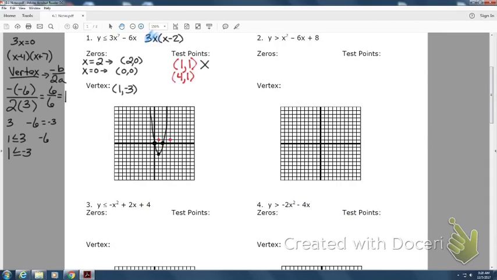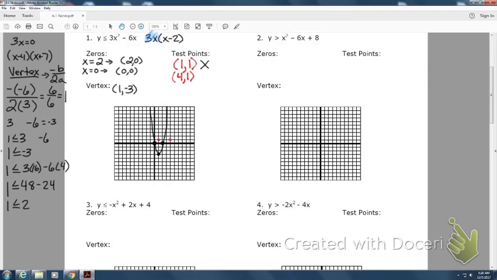Then I go back, and now I do the same with 4, 1. So I've got 1 is less than or equal to 3 times 4 squared minus 6 times 4. 4 squared is going to give me 16. 3 times 16 is 48.